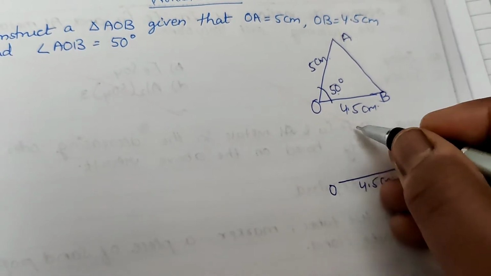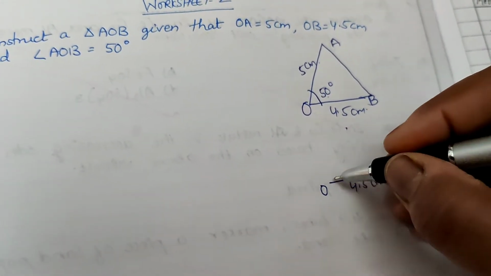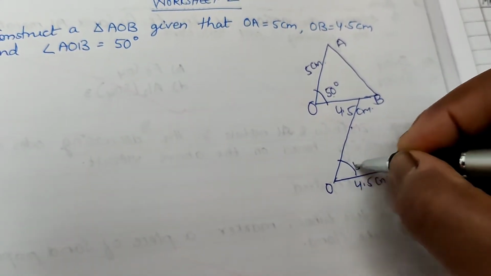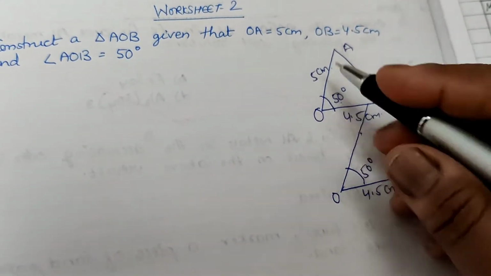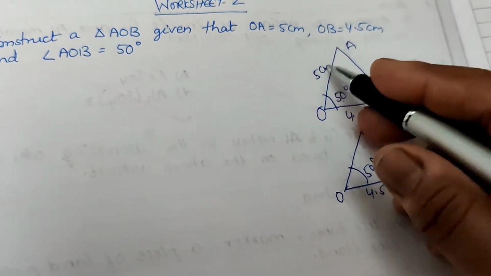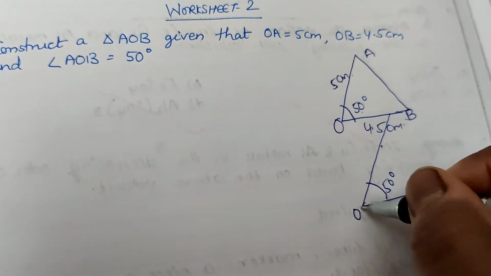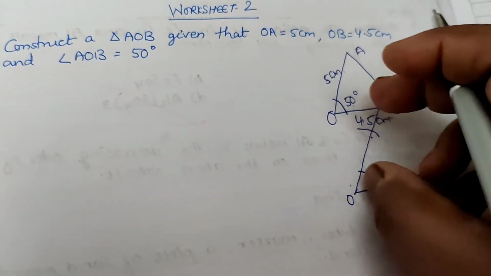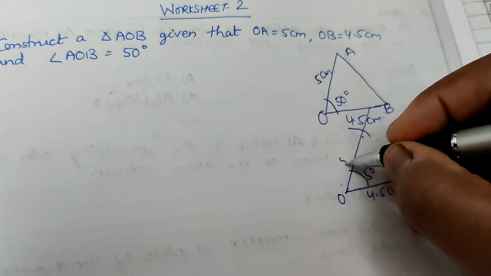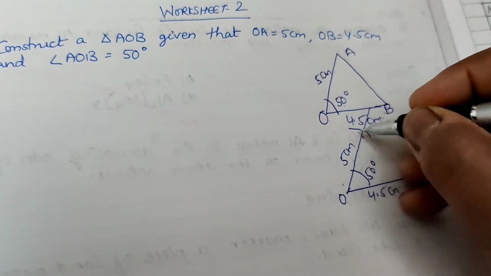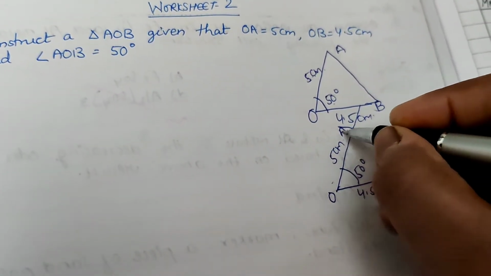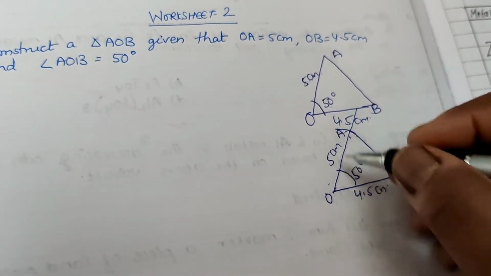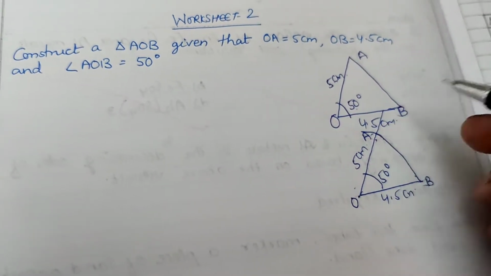Cut an arc of radius 5 cm from O. This is a measurement of 5 cm. This point is A. And now join AB. So AOB is the required triangle.